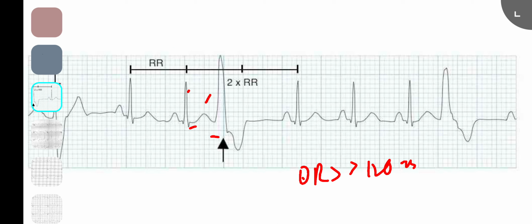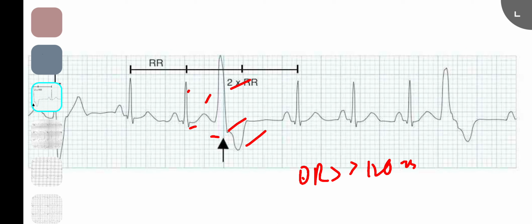So these are concordant. Discordant is when the QRS is up, ST is down, and the T wave is inverted. So this is called discordant ST segment and T wave changes.